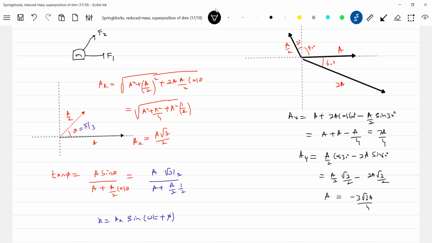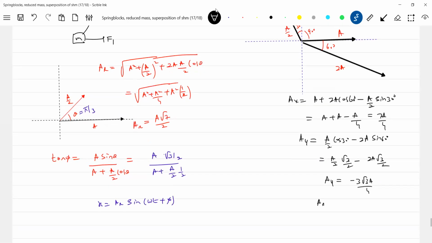Okay, this is AY, which is what we thought would be downward. Okay, now what is the resultant amplitude? It should be the square root of AX square plus AY square. Solving this, we will get the answer. How to get the phase angle? This will be much easier.